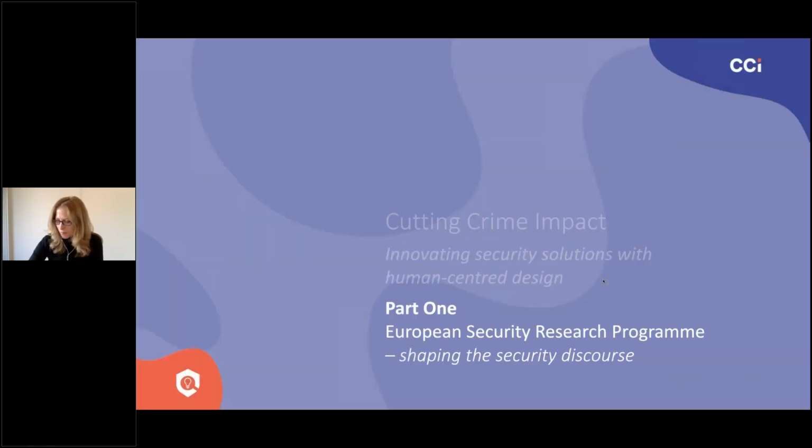We've divided our presentation today into a number of parts. And what we'd like to do is to begin by talking about the European Security Research Programme, because it is through the funding of the various research projects that it is shaping the security discourse.